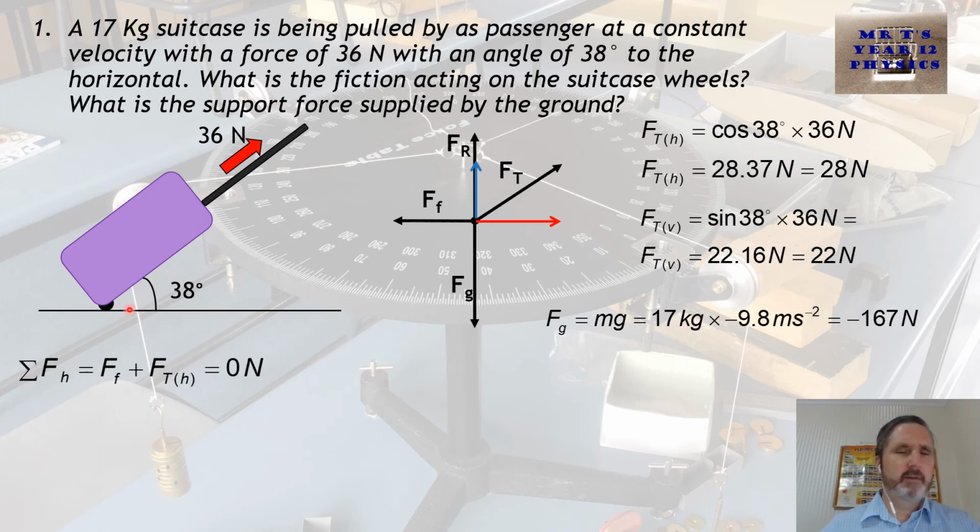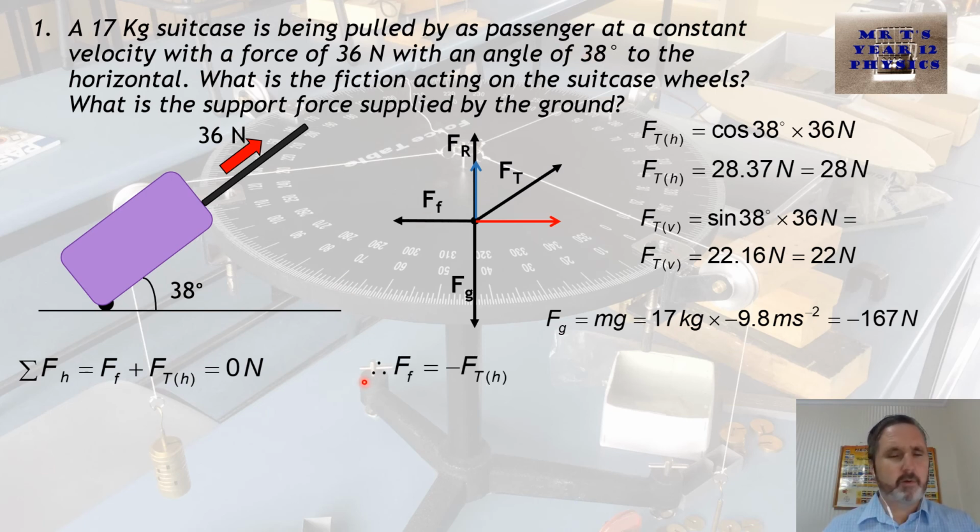What we know is that there are only two horizontal components acting in this free body force diagram. There's the component from the tension force, that's this here, and there is the friction force that is a 100% horizontal component. So these two components, the sigma here represents the sum of all the horizontal forces. These two forces must equal 0 because this is moving at a constant velocity.